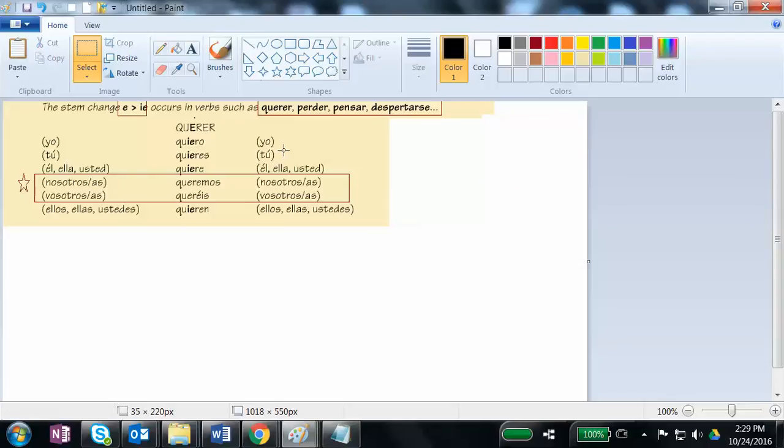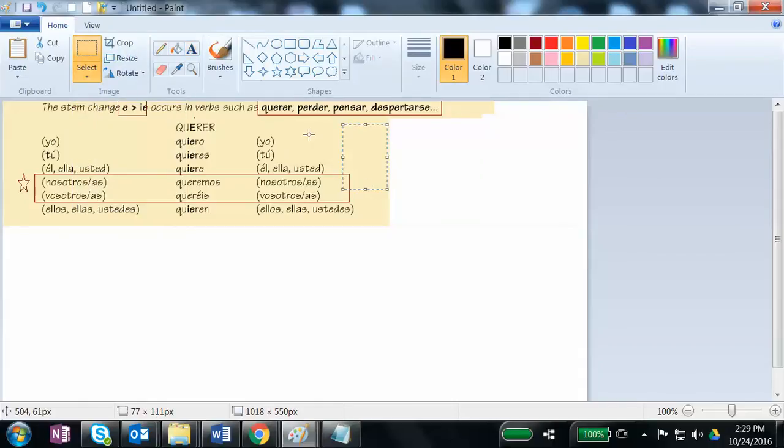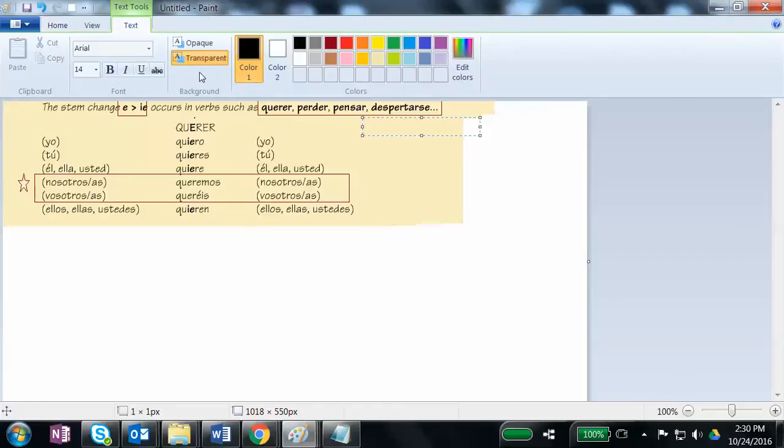Let's say I do perder, for example, I want to conjugate. I'm sorry, having it not match is bothering me, so I'm going to fix it a little bit. Okay. So if I have the verb perder, okay, perder is an E to IE stem changer.